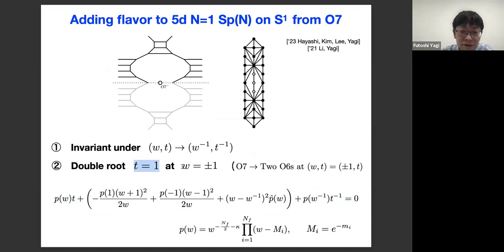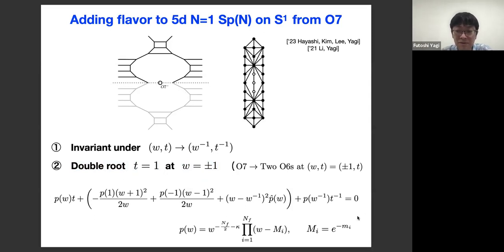And the boundary condition is that there should be a double root when you substitute W equals 1 or W equals -1, which is the location of the O7-. We obtain a polynomial in T, and this has a double root. In other words, this (p,q) brane goes through this orientifold plane. This turned out to be the boundary condition.